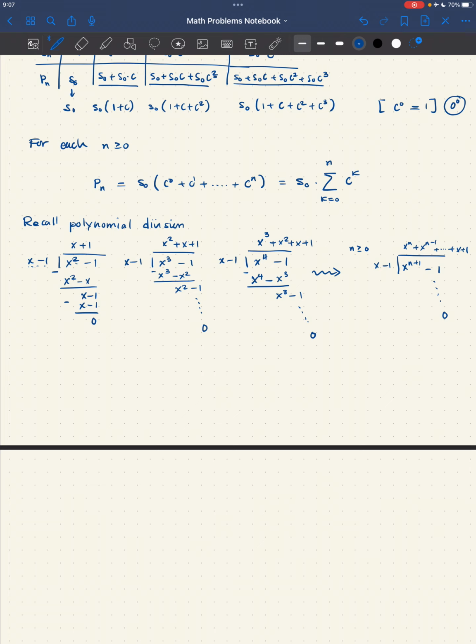In other words, we have x to the n plus 1 minus 1 equals the quotient times x minus 1. I'm just going to interpret the division process, the division algorithm. The sum ranging from 0 up to n of x to the power of k.